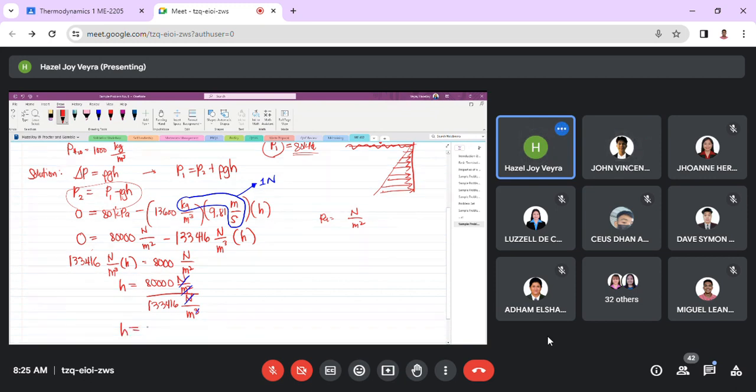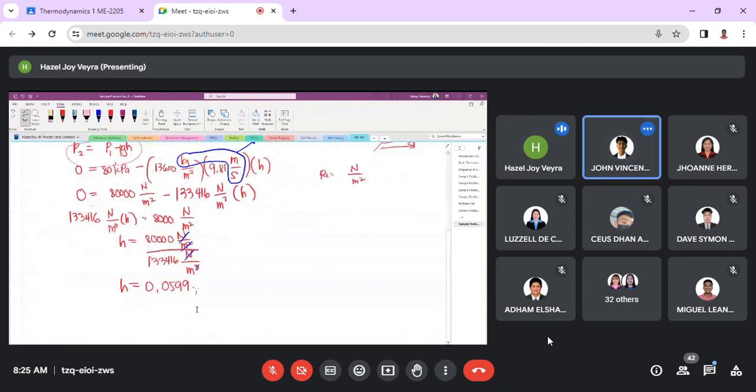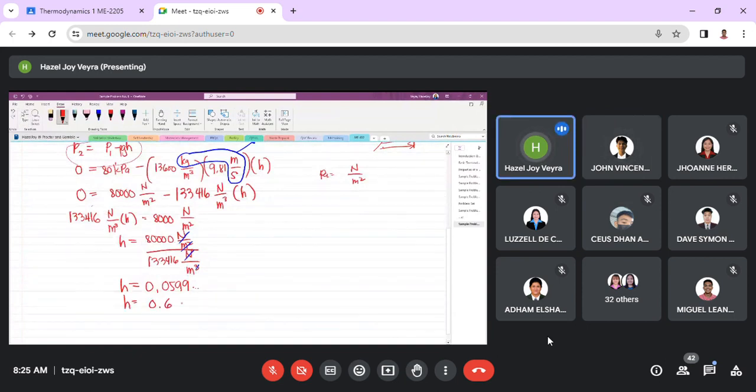0.0599. 0.0599 dot dot dot. So, rounding to 3 decimal places, we'll have 0.6. No, round up tayo. Sorry, mali.